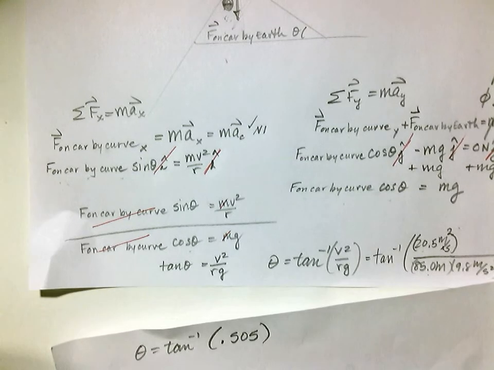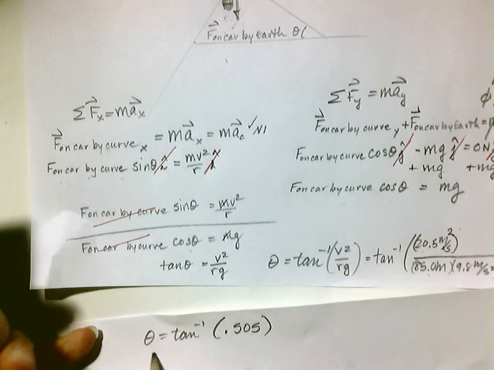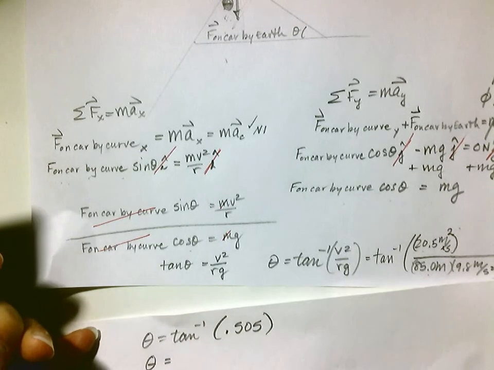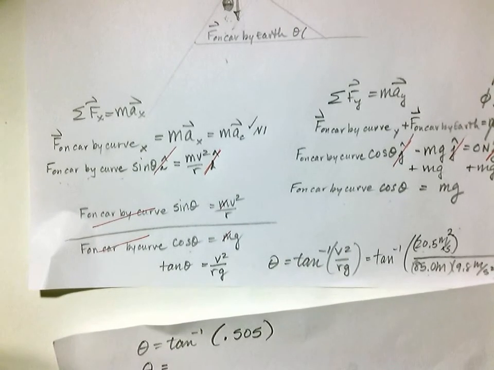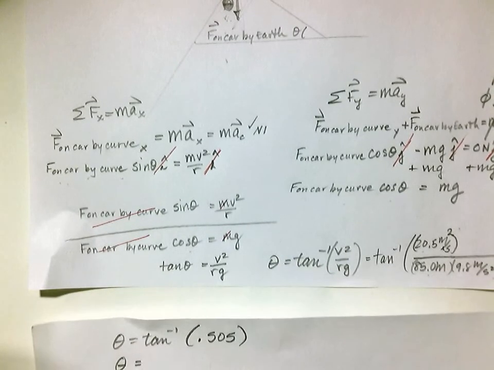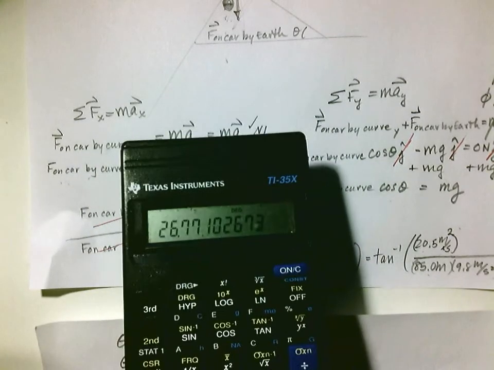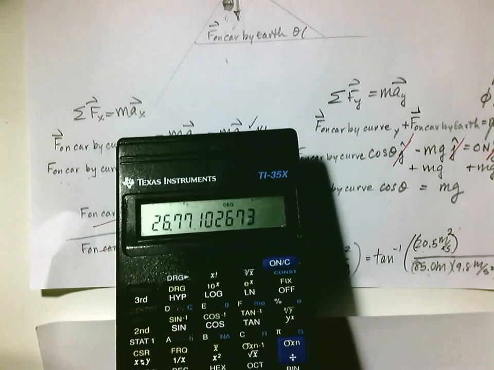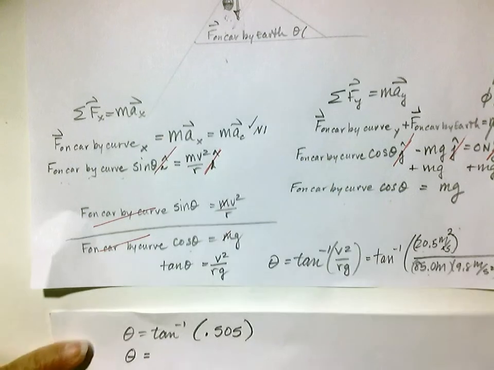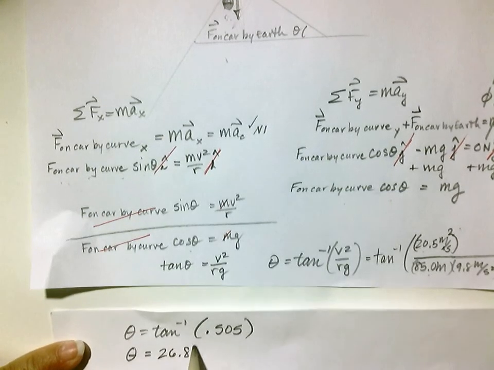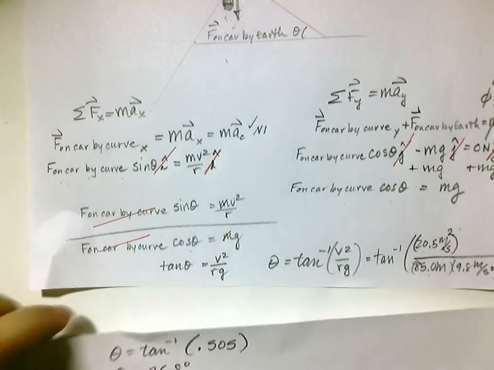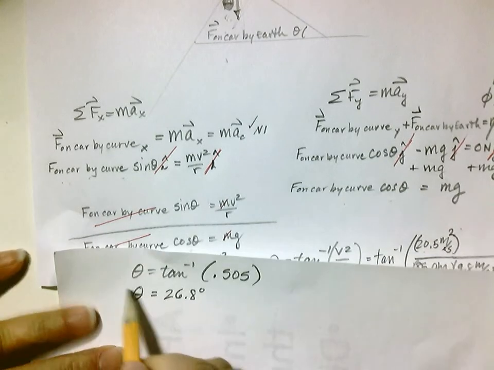So now I hit my second tangent, okay? And make sure also that you're in degree mode and not radian mode. If you're taking calculus, you may be in radian mode from some of your calc stuff. Okay, and that gives me an angle of 26.8 degrees. So that is the angle that my curve is banked at.